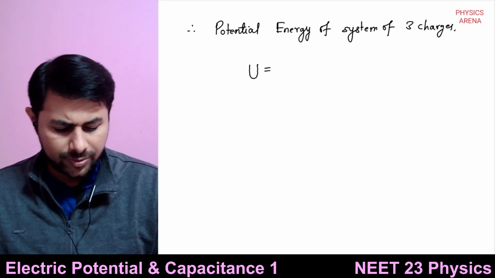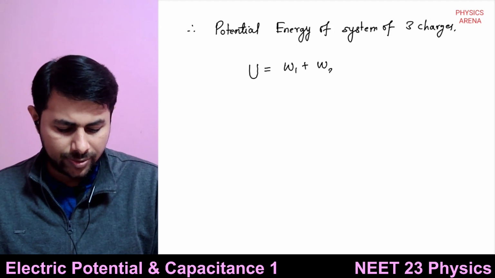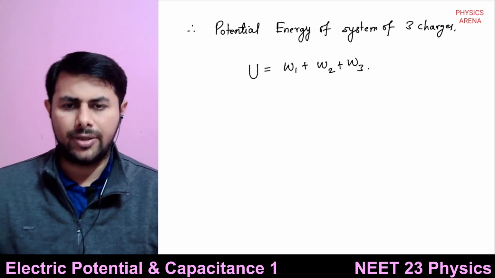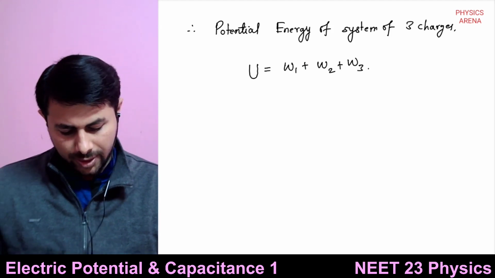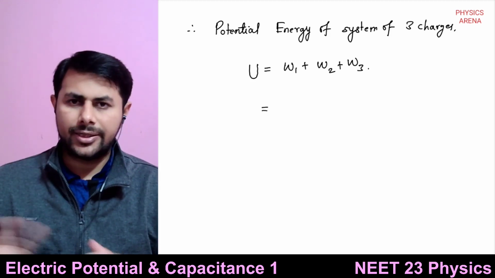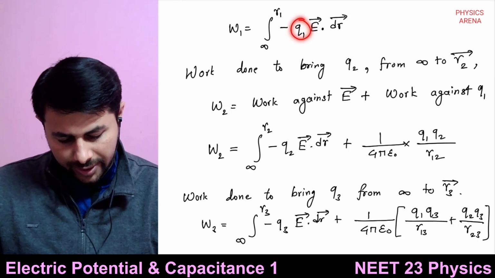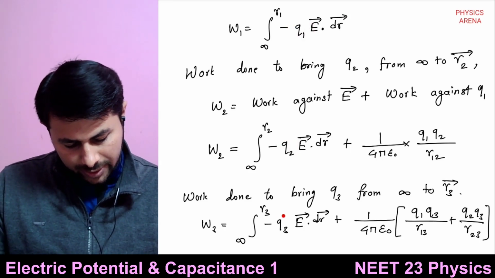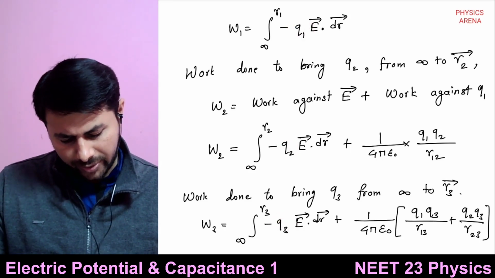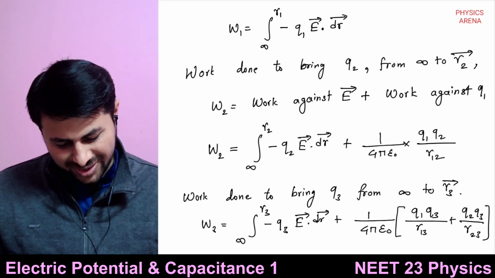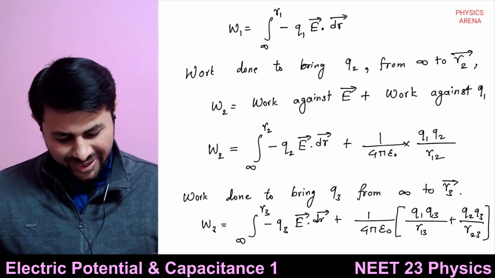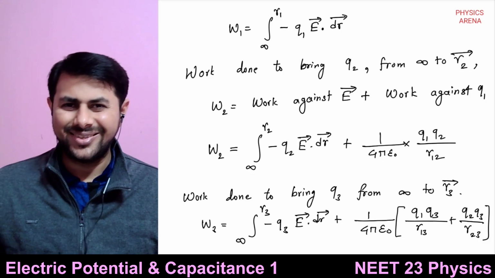U is equal to W1 plus W2 plus W3. Which can be written as work done against the electric field. Now if you add them, you cannot take Q1, Q2 common. You can just take the minus sign common, right?